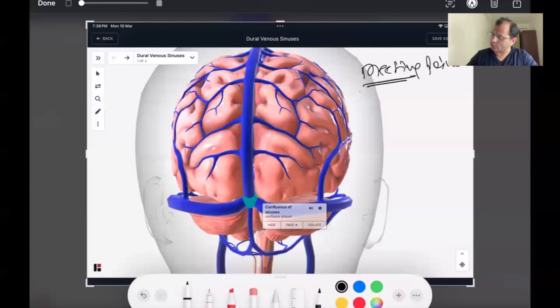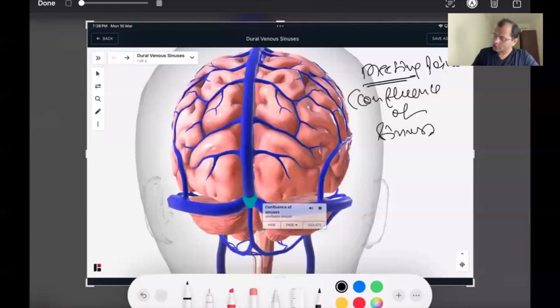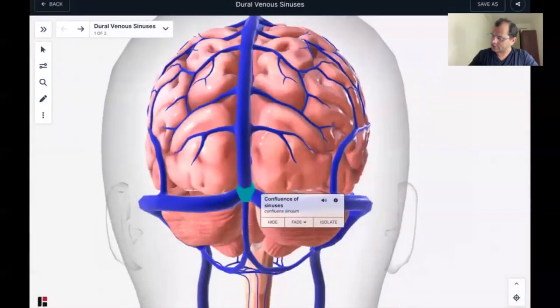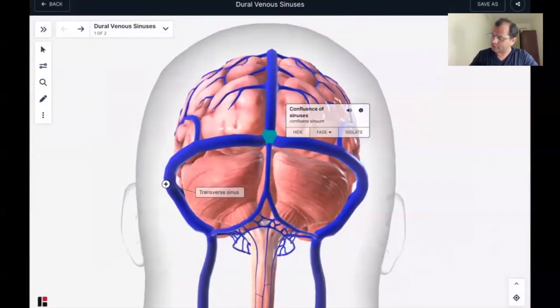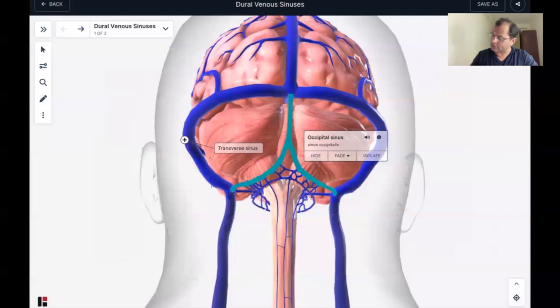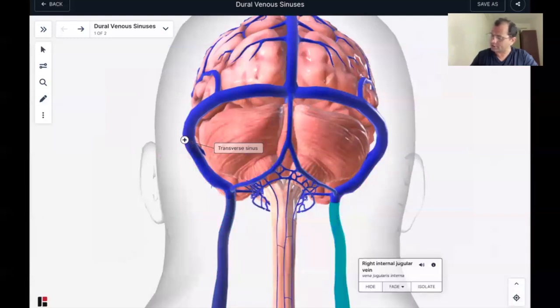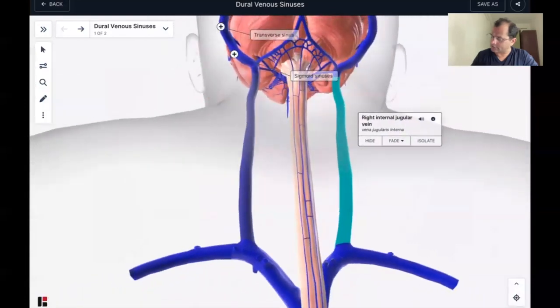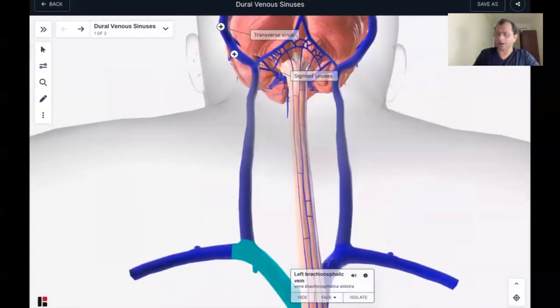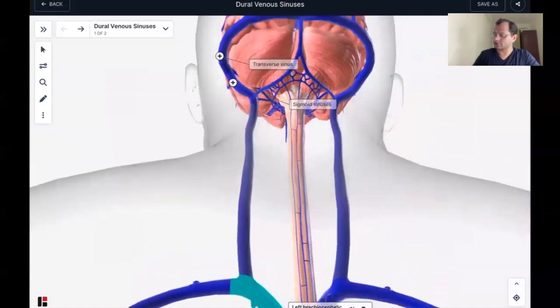Meeting means confluence, so this is called the confluence of sinus. When the entire blood reaches the confluence of sinus, finally it goes to the right side and the left side and reaches the internal jugular vein. After the internal jugular vein, it comes into the brachiocephalic vein and finally reaches the heart.